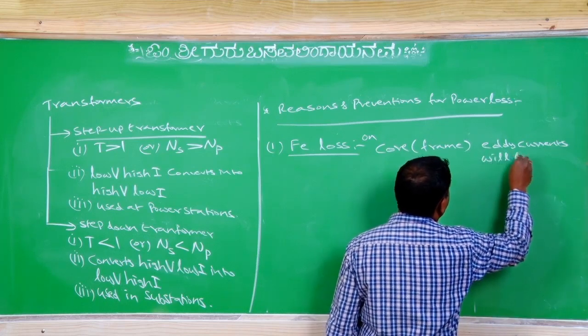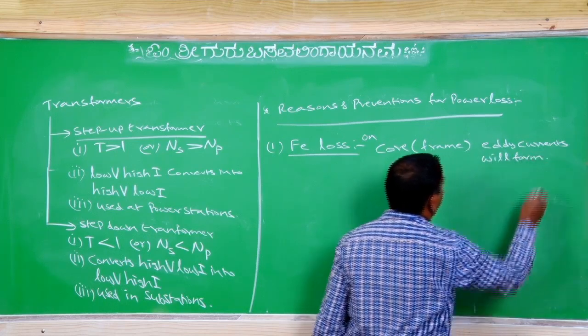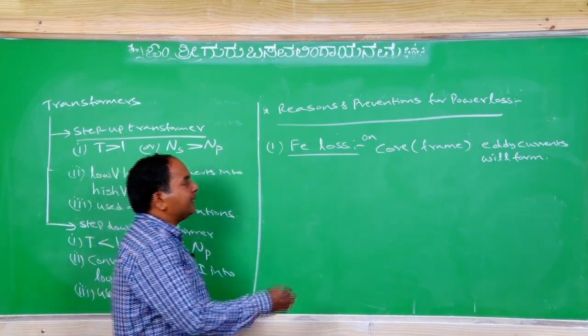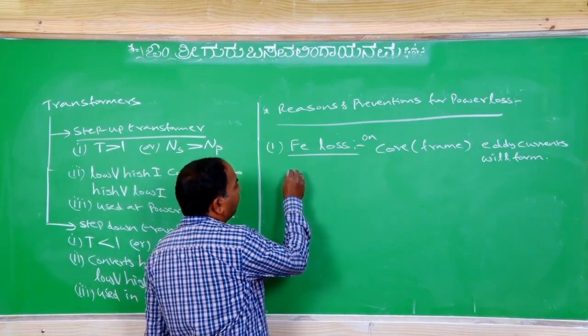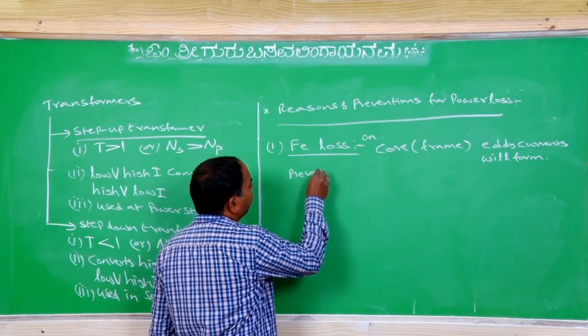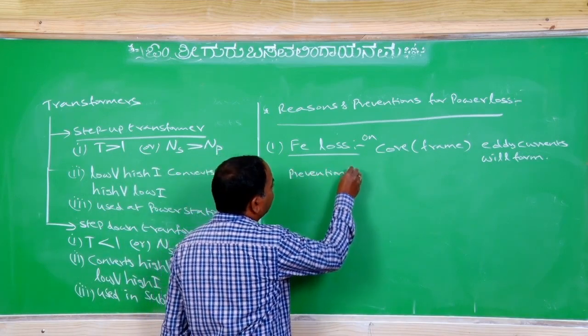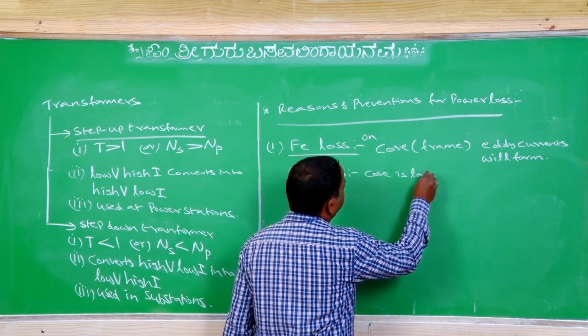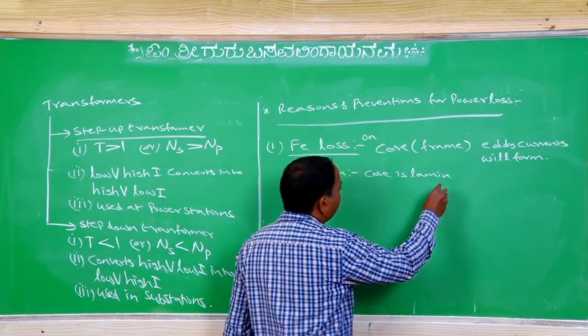These eddy currents are the main cause of iron losses. To prevent this, what is the prevention? The prevention is that the core is laminated. Core is laminated means what?